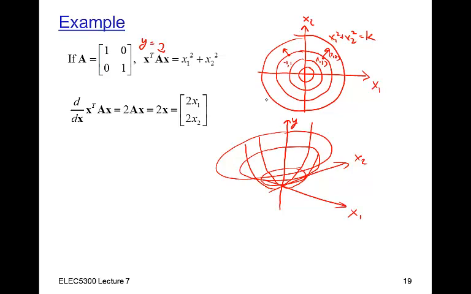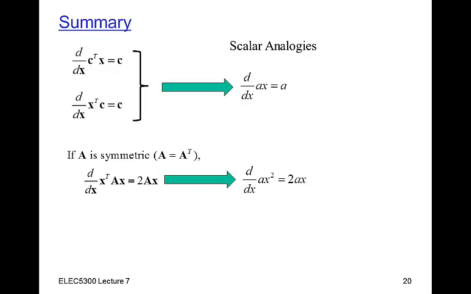Okay, and so everywhere you go, it's going to be pointing out, which is exactly what we expect. So in summary then, we've seen that when we differentiate vector functions, at least for the linear case and the quadratic case, we get things that are very similar to what we expect from the scalar case.